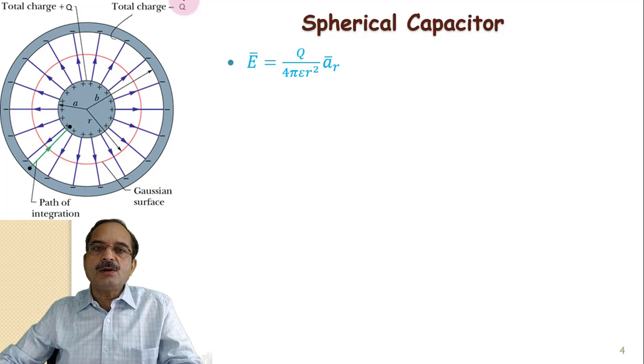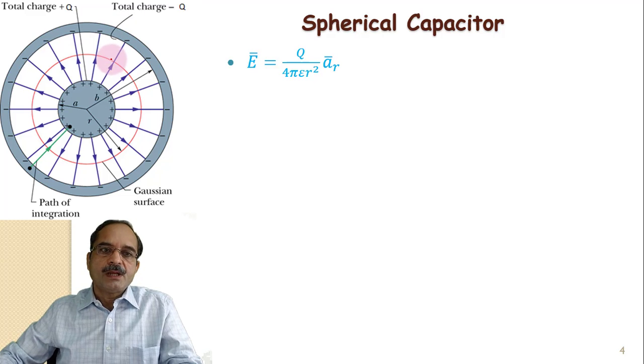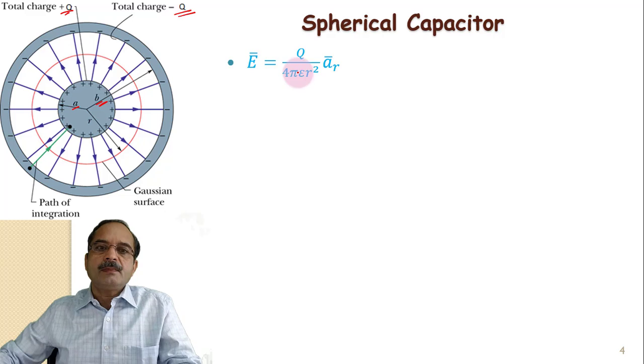Next, we find out the capacitance of a spherical capacitor. So here again we assume there is an inner sphere with radius a, which is positively charged, having a total charge equal to plus Q, and the outer sphere of radius b with negative charge minus Q. This sphere at long distance can be assumed as a point charge.